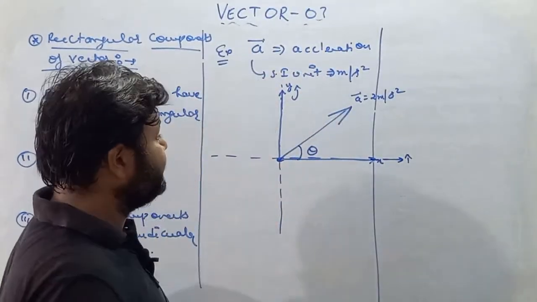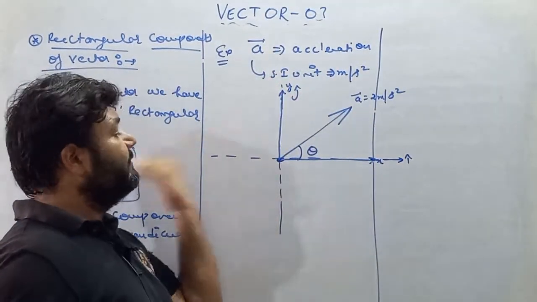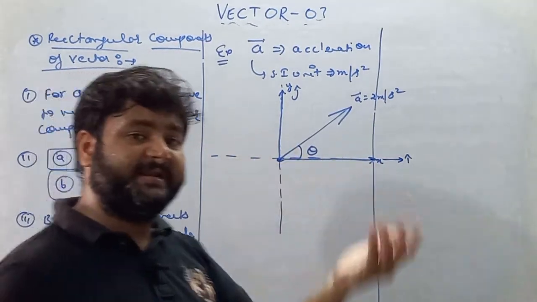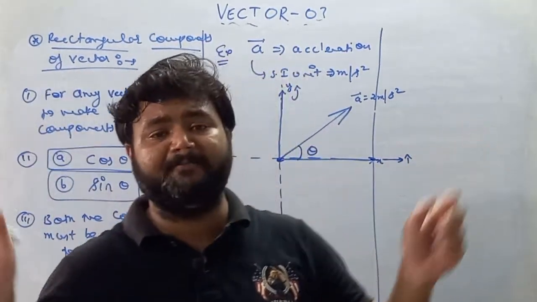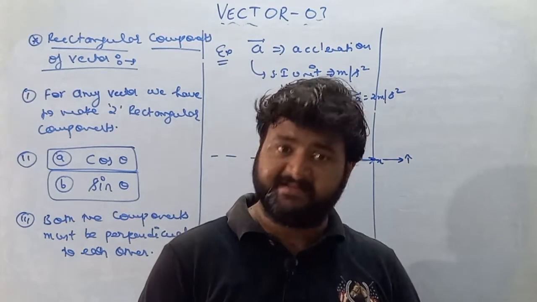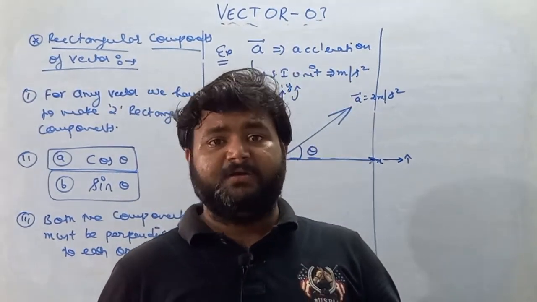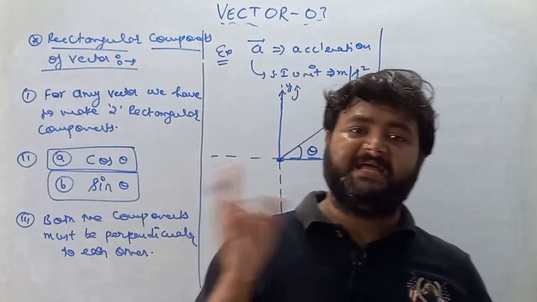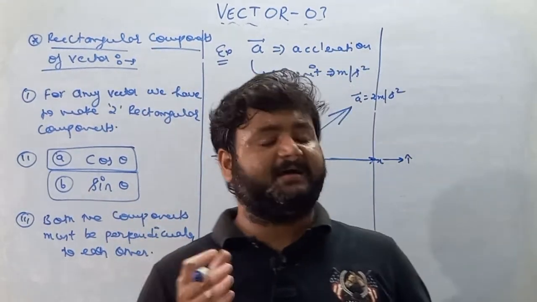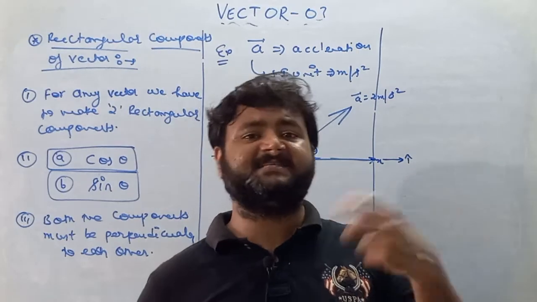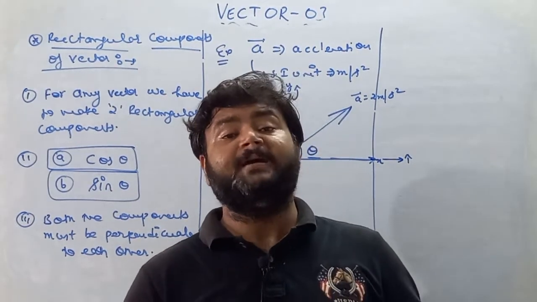If the vector quantity lies along x, y, negative y, z or negative z, then we cannot form its rectangular component. But if any vector quantity makes some angle and does not lie on an axis, it lies on a plane.